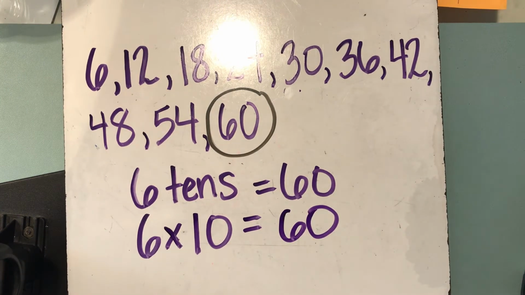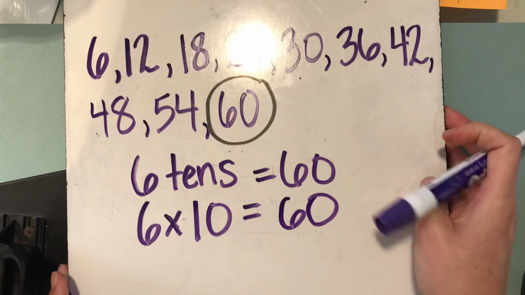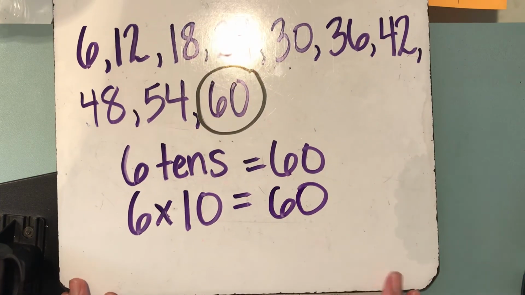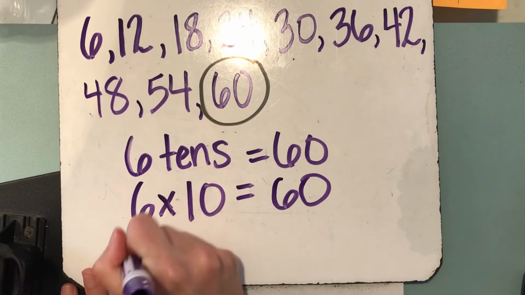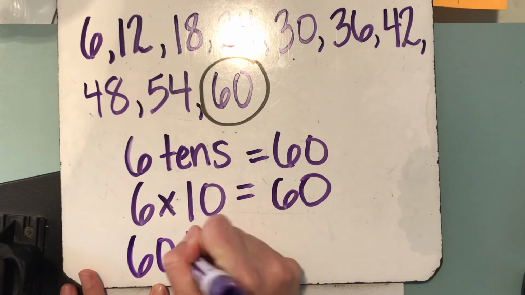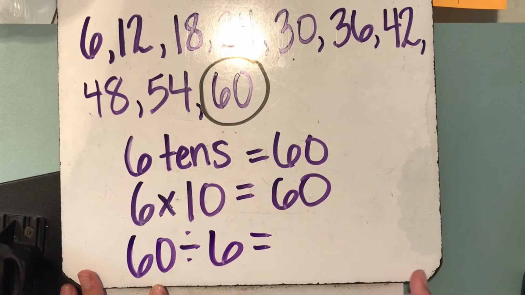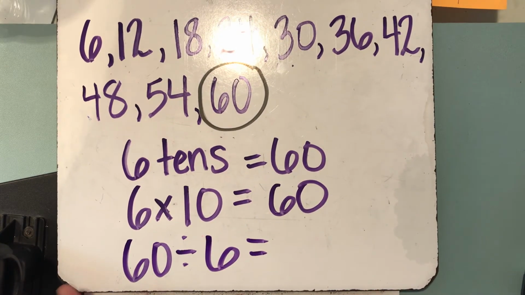All right, now we're gonna write down, hopefully you have all this down. If I'm going too fast, please pause. Now we're gonna write down this division question. 60 divided by 6 equals, ooh, what is 60 divided by 6? How can I figure that out?